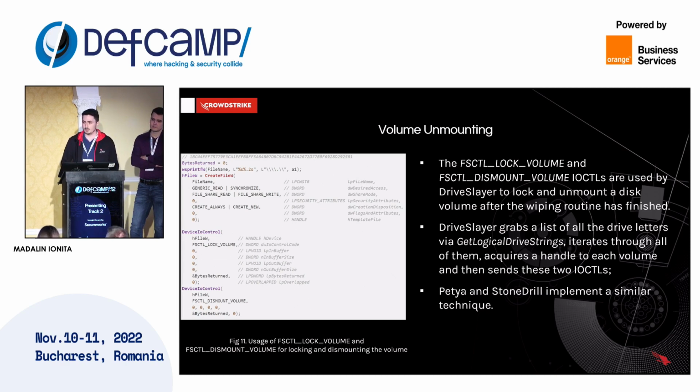Then it will start the wiping routine, and after that it will dismount it using the FSCTL_DISMOUNT_VOLUME IOCTL. This procedure is run for every drive letter that is available on the operating system. A similar approach was seen in Petya and StoneDrill as well.